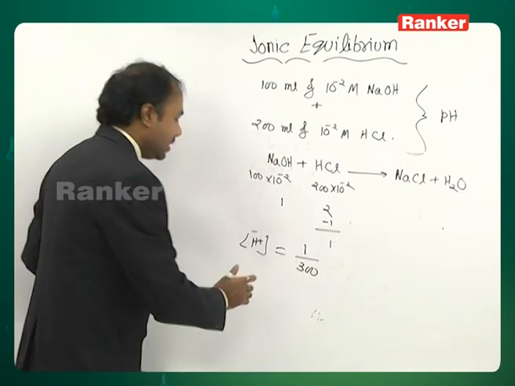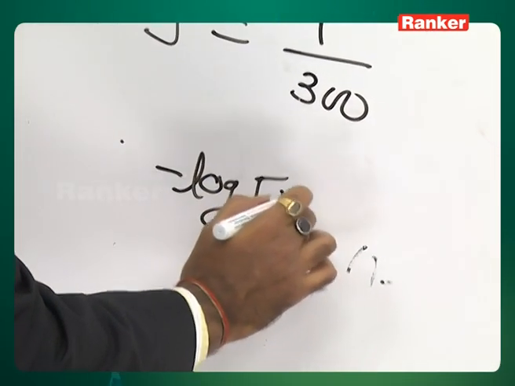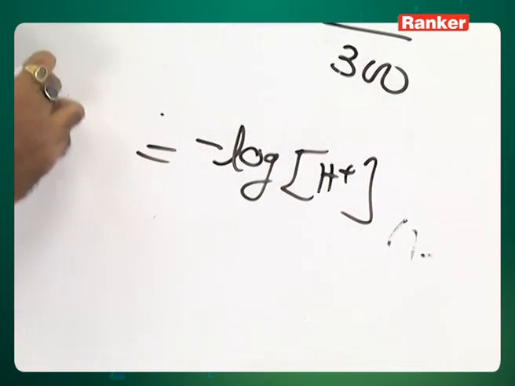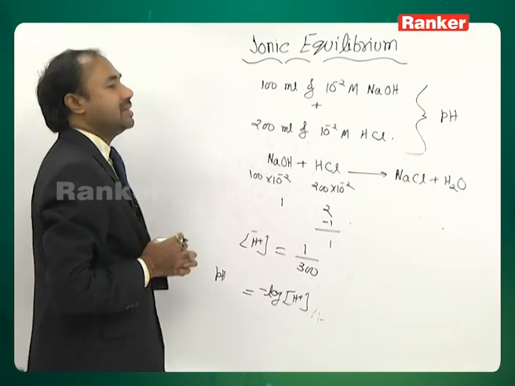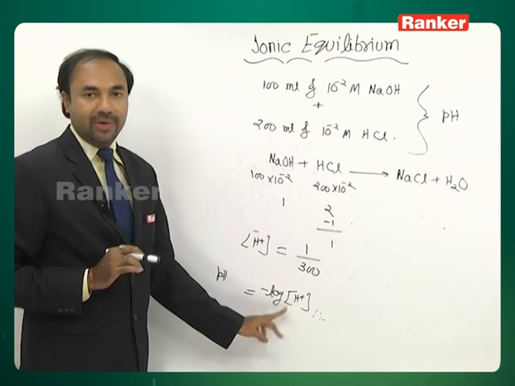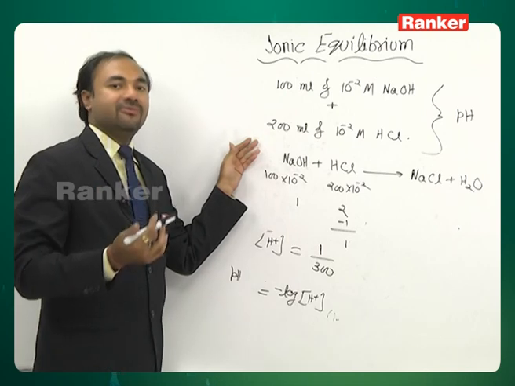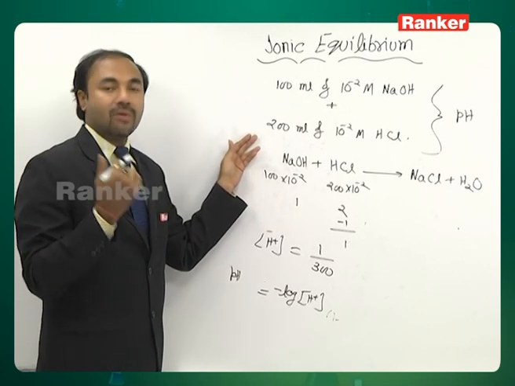Now take minus log of this H plus ion concentration, and this will be equal to pH of the resultant solution. Substitute this value here, the answer comes. Got it? So this is how we find pH for a mixture of one strong acid and strong base.